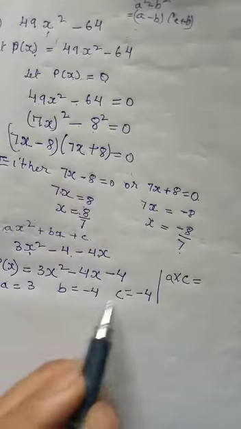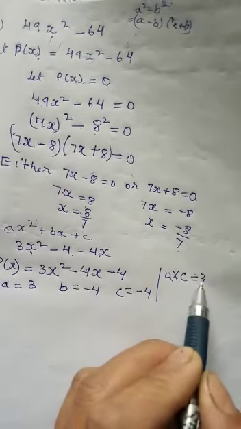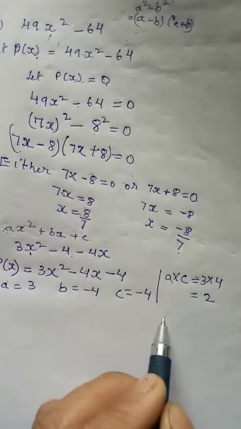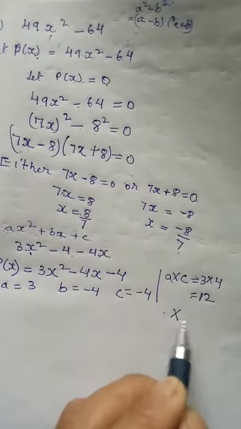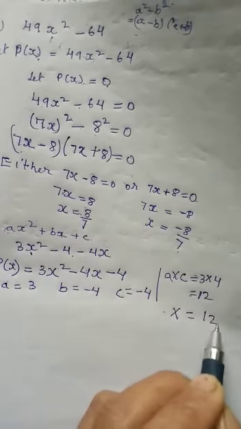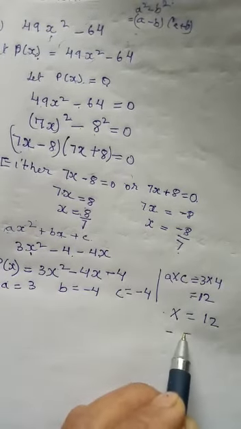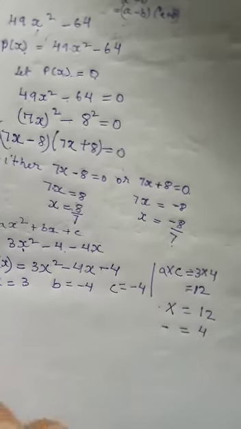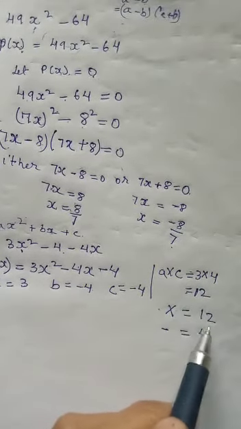So leave the sign aside, we'll take only the number. Here we have 3, here we have 4. 3 into 4, we get 12. So we need two numbers. If we multiply, we will get 12. Here what sign do you have? Minus. If we minus, we should get the middle term, that is 4. Okay, we have to find two numbers so that if we multiply, we'll get 12.